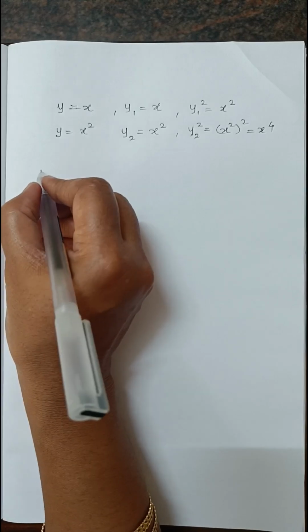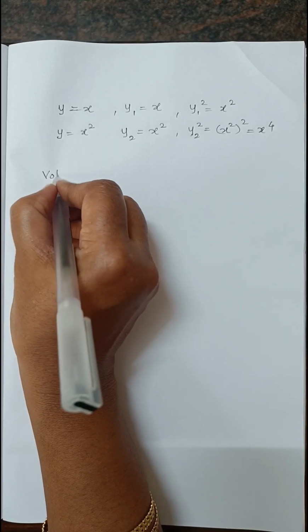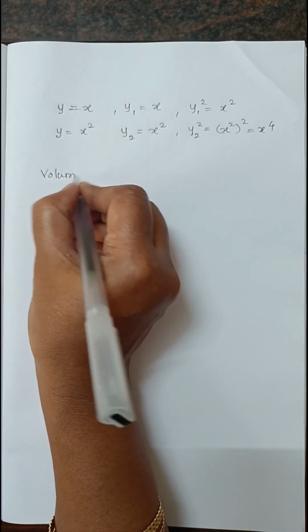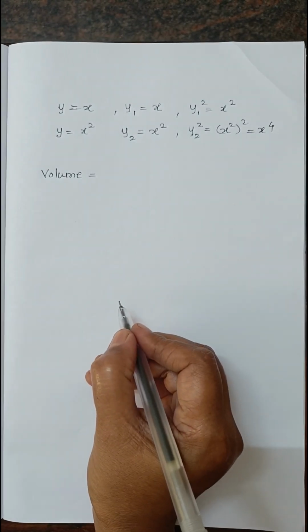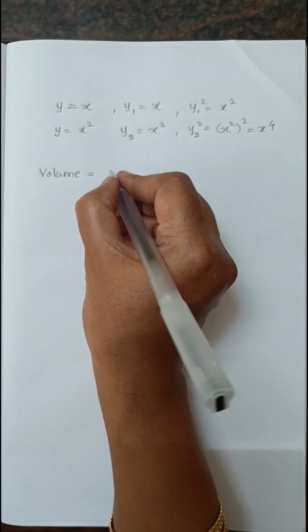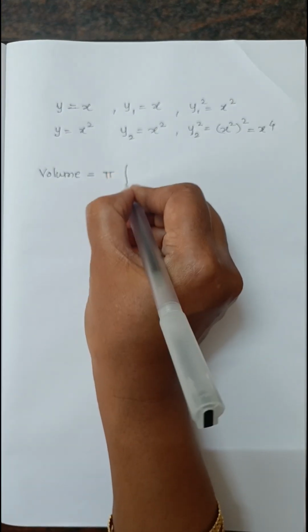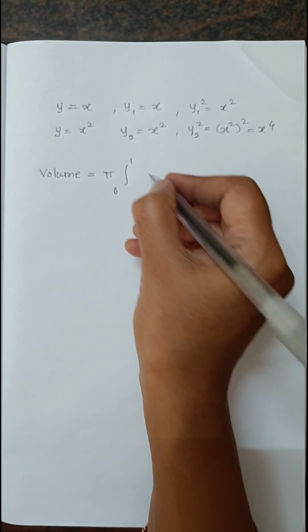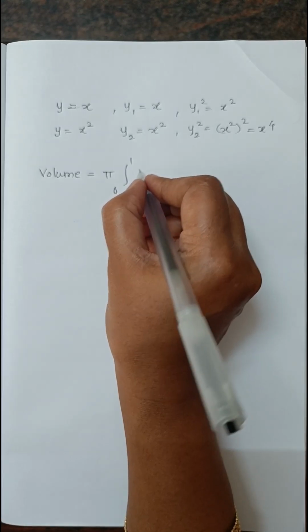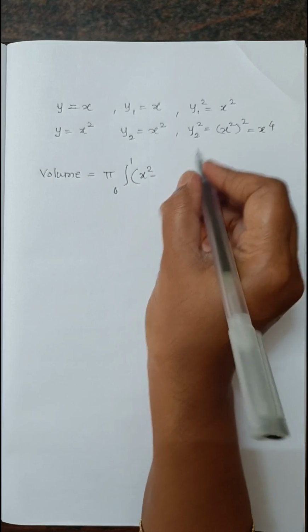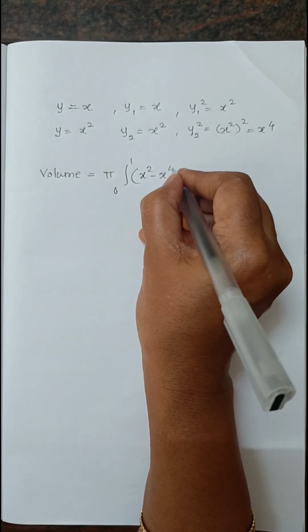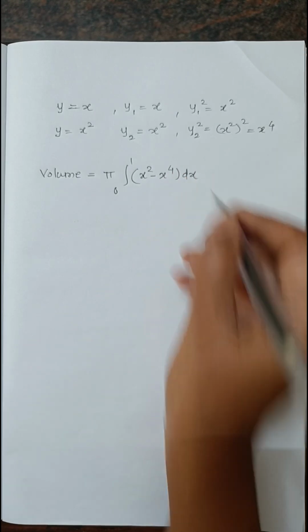Now let us put this in the formula. Volume of the solid generated when the area is revolved about the x axis is pi integral 0 to 1, y1 square is x square minus y2 square is x raised to 4, dx.